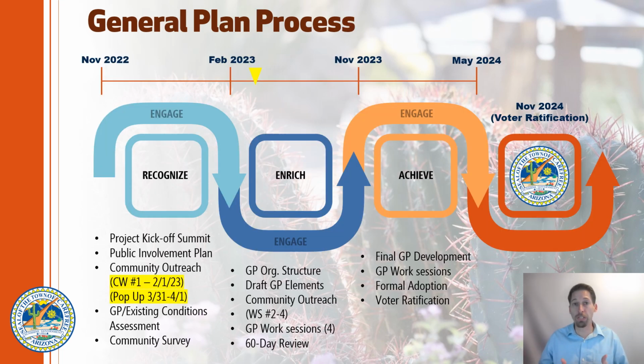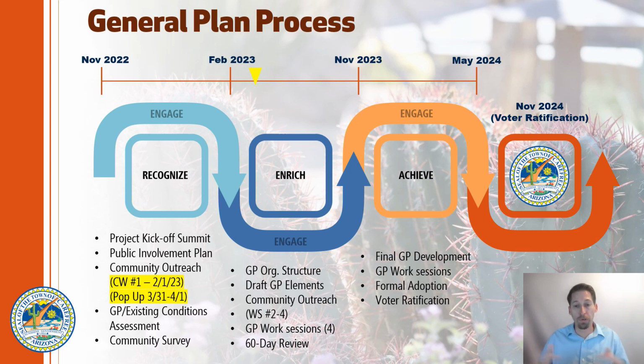Now, if you joined us for our first community workshop, this graphic is going to be very familiar to you. If you haven't joined us for any previous general plan update workshops, you can see that this particular graphic provides an overview of our general plan process.